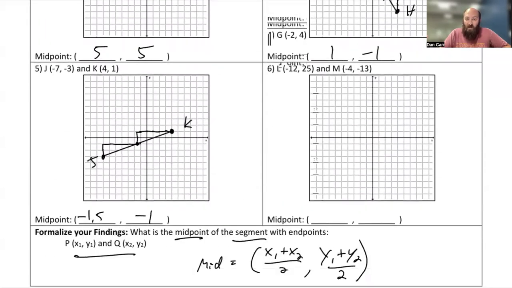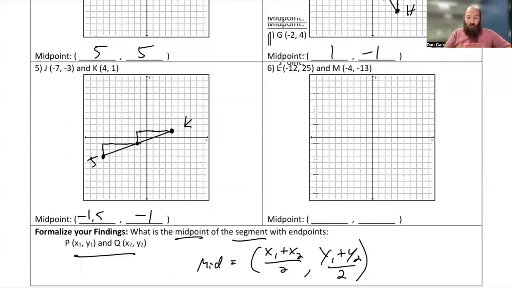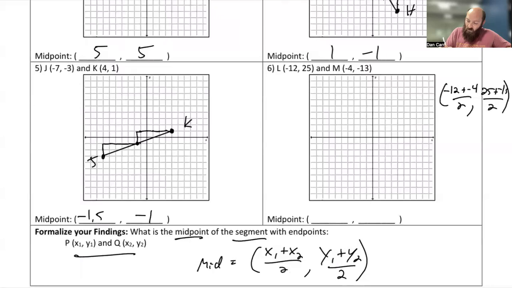When I look at 6, I'm going to come back to that one now. This one is a little bit trickier because I couldn't graph it. So that's why we want this formula. My midpoint is going to equal negative 12 plus a negative 4 divided by 2, and then 25 plus a negative 13 divided by 2. That's tough to see here, but that's supposed to be a negative 13.